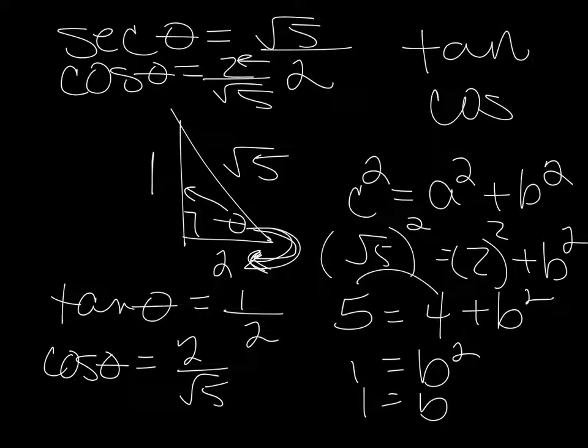Now, if you'll remember, whenever we have, let's go back and look at that, make sure I have the right. If you'll remember, we had 2 over square root of 5. And I told you that in books, they're going to want you to simplify it. They're not going to want you to have a radical there.